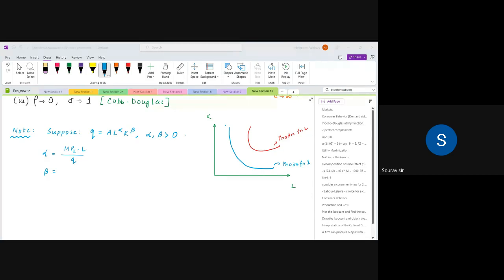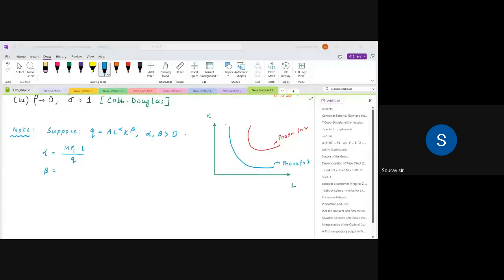That's the interpretation that you mean. Yes, you can say that. And I usually refer to it as share of labor in production. Okay, you can say elasticity as well.